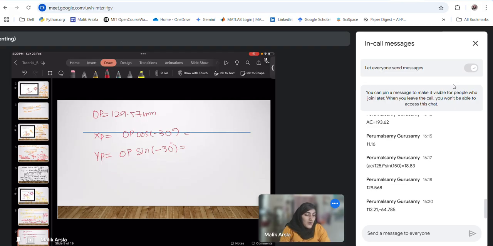Okay, 112.21 and 60, yeah, that is correct. So this is 112.21 mm and this I'm getting is minus 64.78 mm. Okay, so is this question clear?